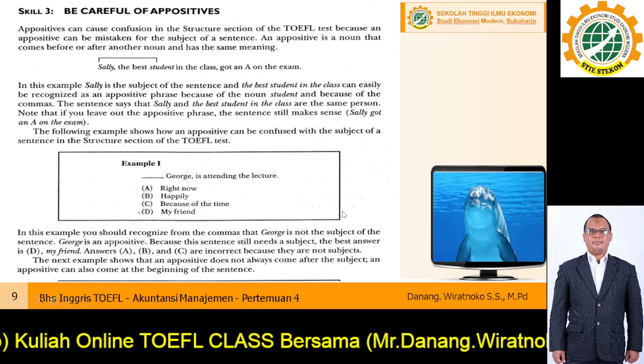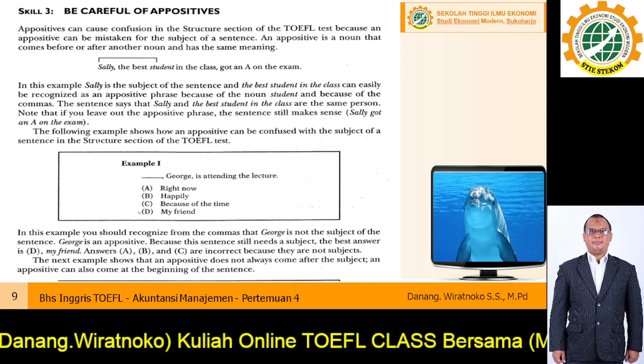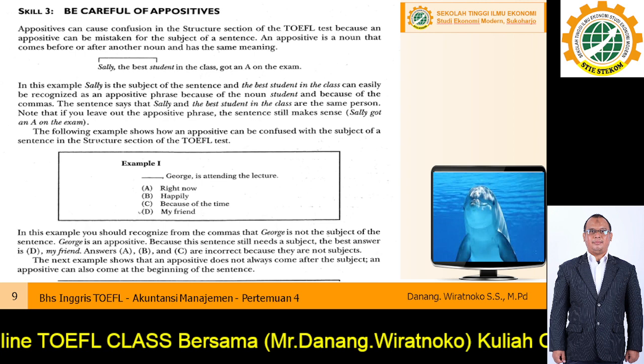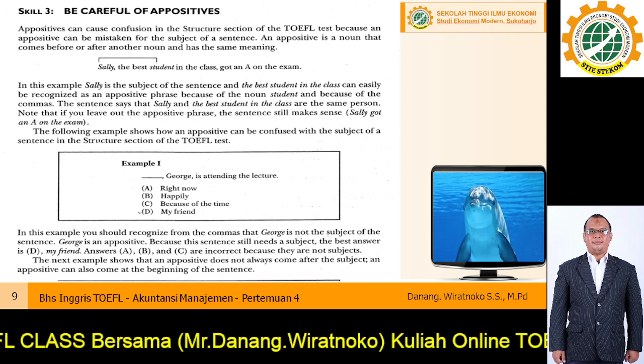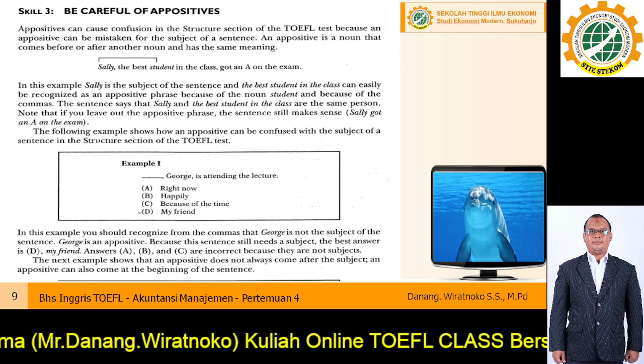And skill number 3, be careful of the appositive. Appositive can cause confusion in the structure section of the TOEFL because an appositive can be mistaken for the subject of a sentence. An appositive is a noun that comes before or after another noun and has the same meaning. For example, Sally, the best student in the class, got an A on the exam.